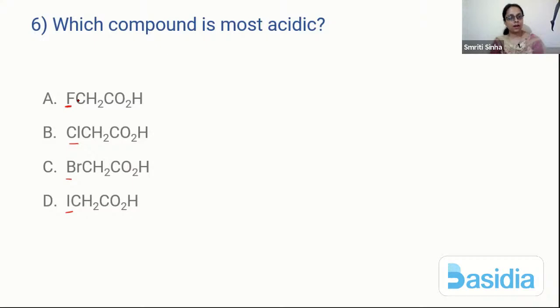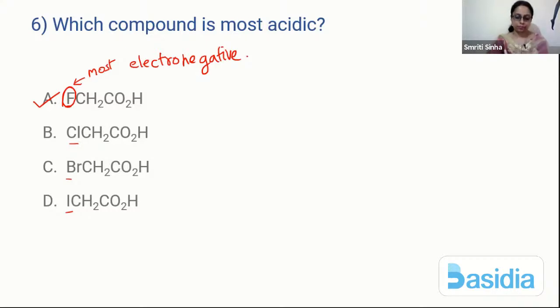So the most acidic here is option A, because here you can see fluorine attached, which is the most electronegative element in the periodic table, and as it is the most electronegative element, it can stabilize the conjugate base very easily. If it stabilizes the conjugate base easily, the conjugate base will be stable, won't take its H plus again, and therefore it is a strong acid.